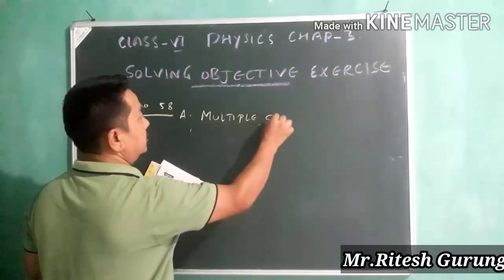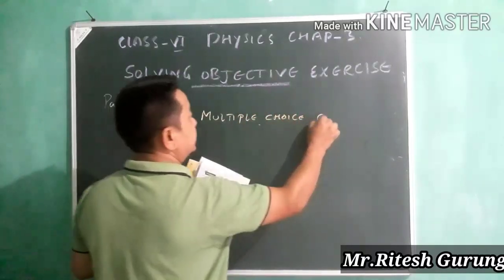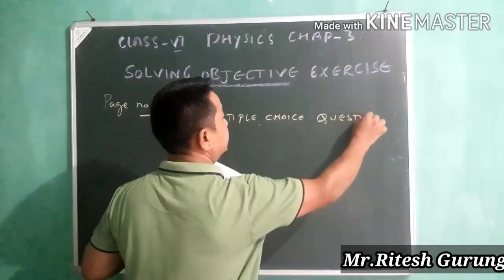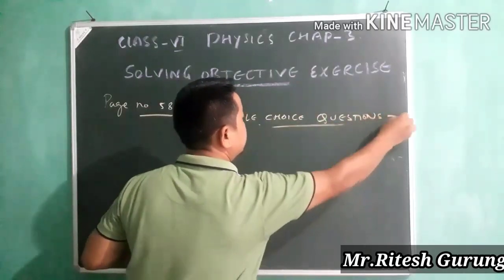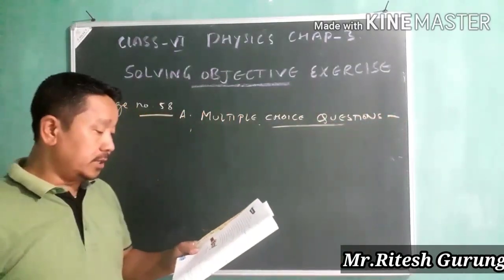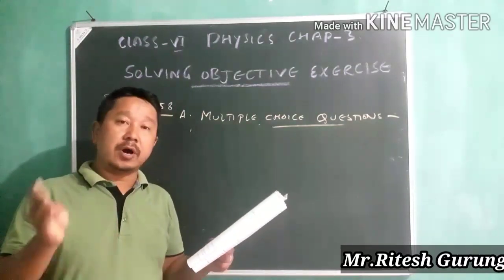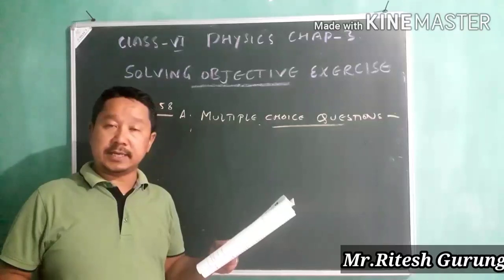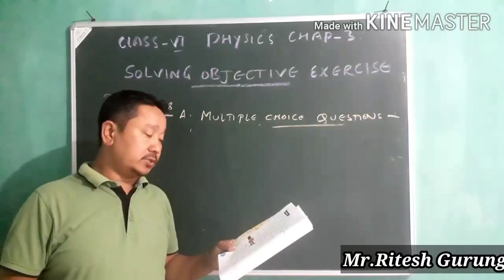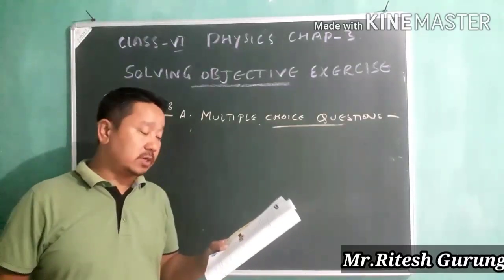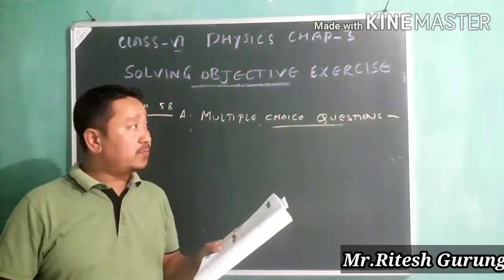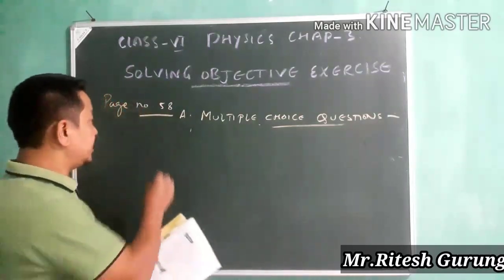In multiple choice questions, you find that in every question 4 options are there for its answer. So from there you've got to find the appropriate one. All right, so number one is there.